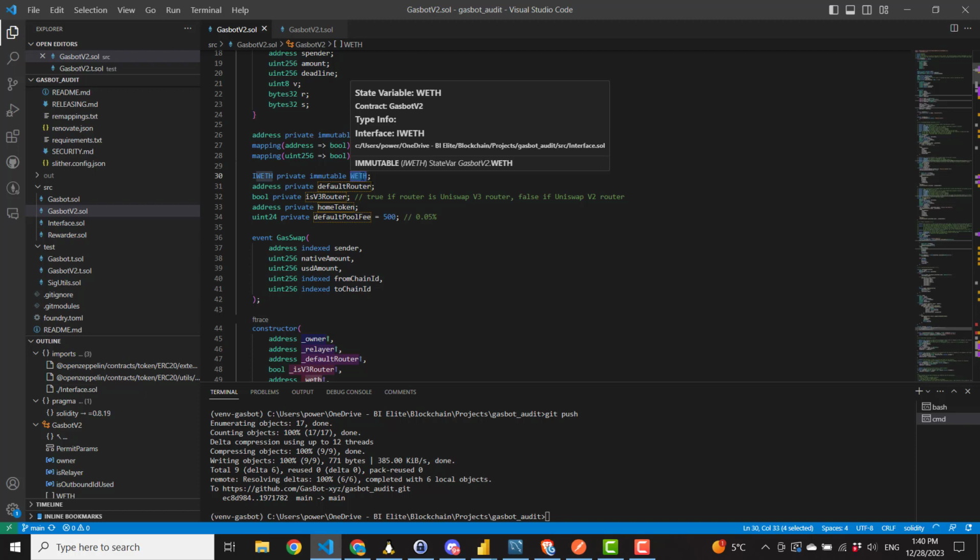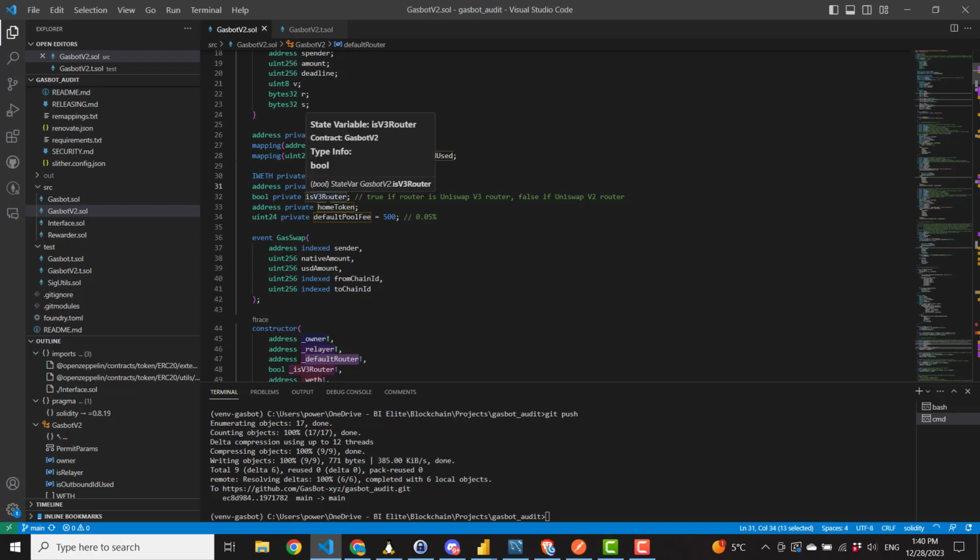We just call it WETH in our contract. The default router will be the default Uniswap router that we're going to use to swap between what we call home token and that wrapped native. Then there's a distinction of whether or not that's a Uniswap v3 or Uniswap v2 router. This will be true if it's Uniswap v3, false if it's v2.